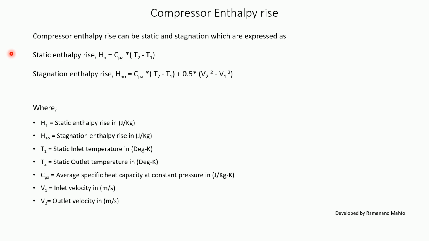And a stagnation enthalpy rise HAO is equal to CPA into (T2 minus T1) plus 0.5 into (V2 square minus V1 square), where HA is the static enthalpy rise, HAO is the stagnation enthalpy rise, T1, T2 are inlet and outlet temperature, CPA is average specific heat capacity at constant pressure, V1, V2 are inlet and outlet velocity.